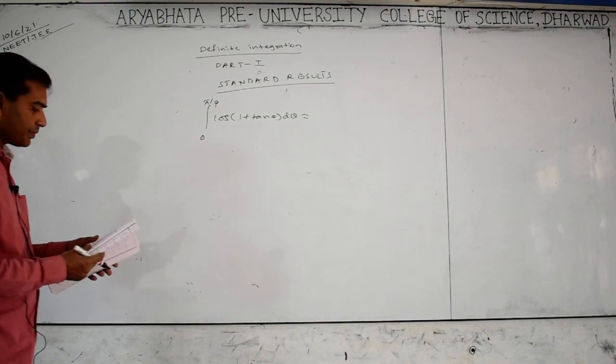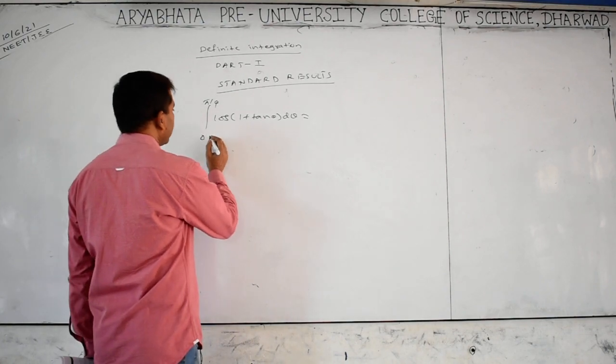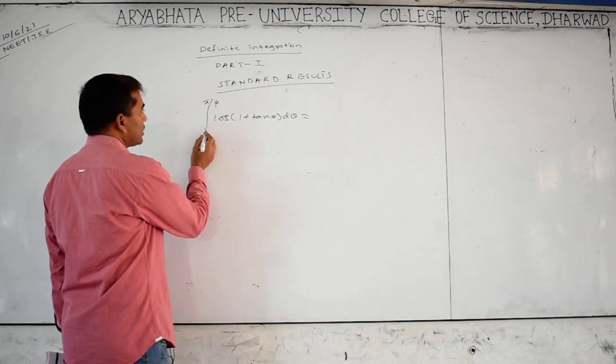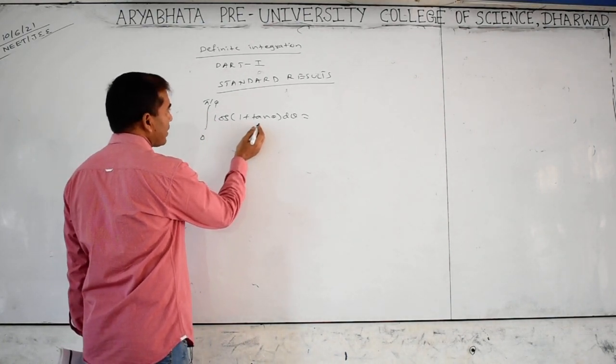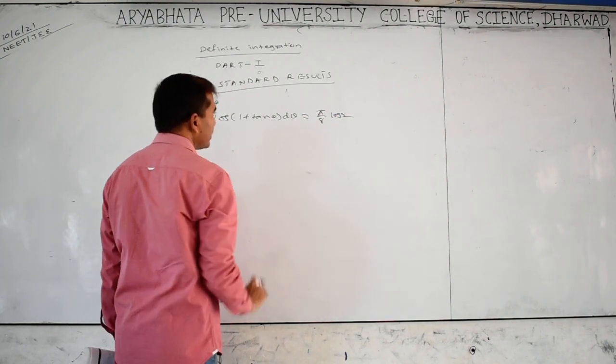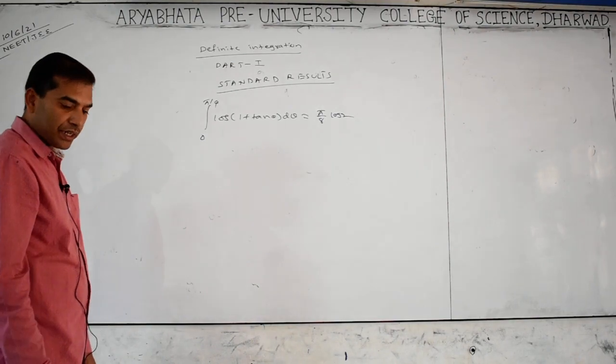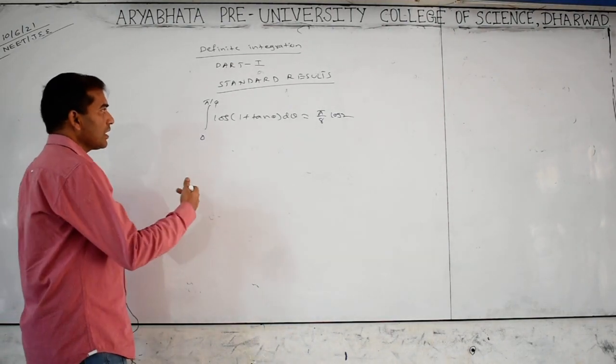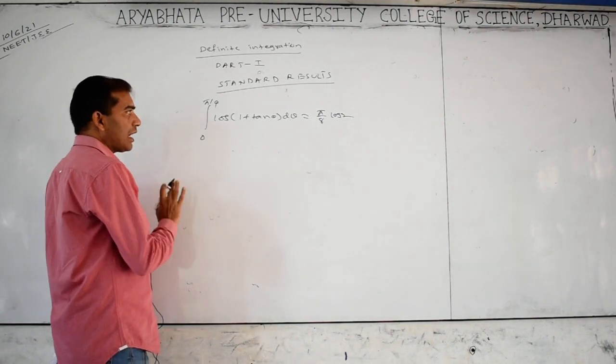Sorry for the disturbance. The integral from 0 to pi by 4 of log of 1 plus tan theta, the answer is pi by 8 log 2. We have proved this in theory. Once again I am repeating how we have done it.